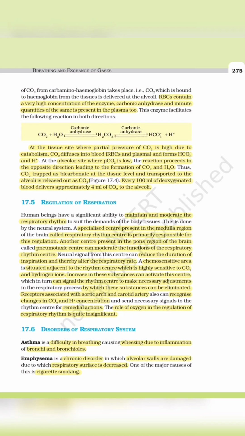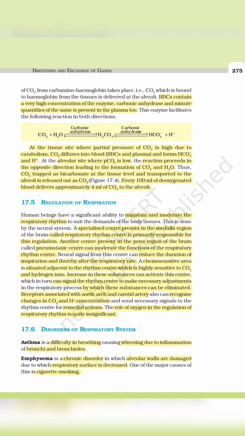At the alveolar site where PCO2 is low, the reaction proceeds in the opposite direction, leading to the formation of CO2 and H2O. Thus, CO2 is trapped as bicarbonate at the tissue level and transported to the alveoli is released out as CO2. Every 100 ml of deoxygenated blood delivers approximately 4 ml of CO2 to the alveoli.